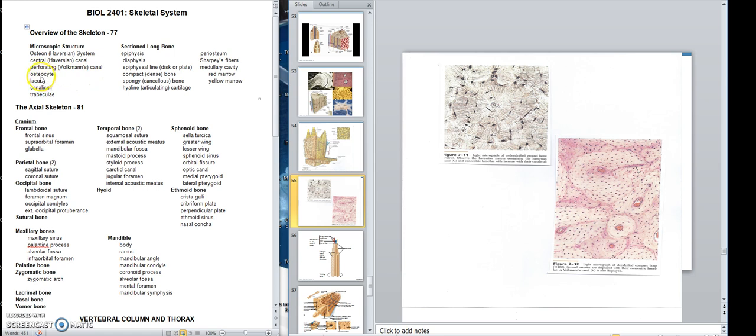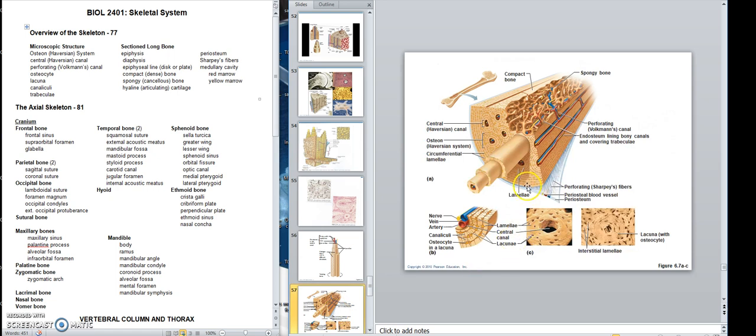An osteocyte, remember, would be cells up in these lacunae. The lacunae is the space that the osteocyte is in. Here are the lacunae, spaces where you would place the osteocytes.